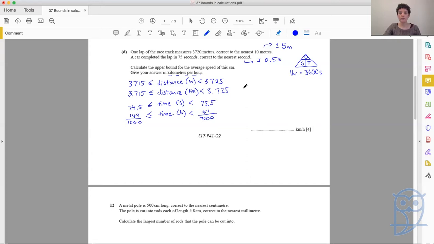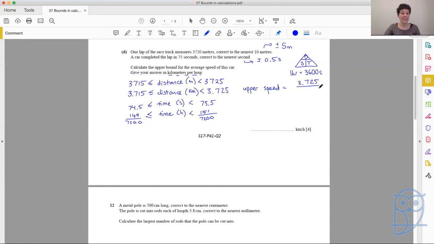So upper for speed. How would we get the greatest speed out of this? We would want to be looking at the longest distance in the shortest time. So our longest distance is 3.725 kilometers.